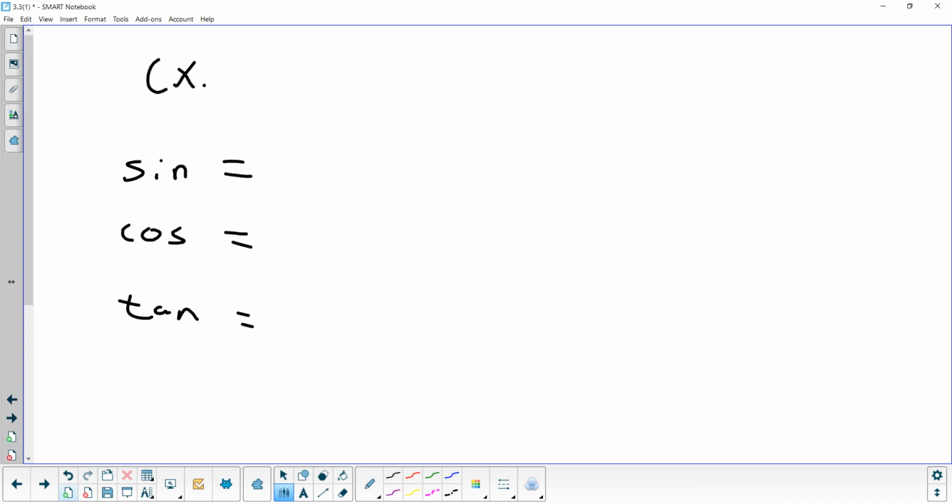It was all based on a coordinate. Does anybody remember when we did unit circle trig, what letter sine was equal to? Yep. Y. Sine was equal to our y. How about cosine? Anyone remember what that one was equal to?